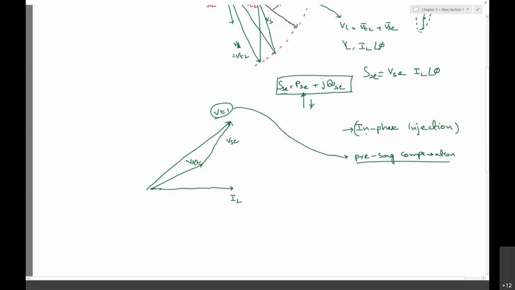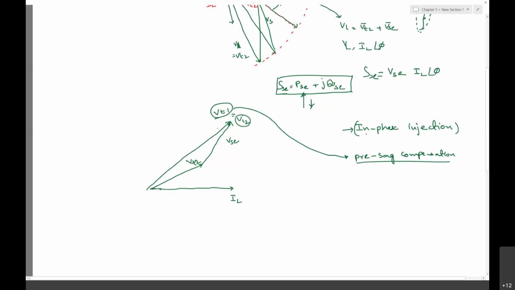The advantage of the presag is that the voltage at the load point, this is the load point, has no phase shift when you inject the voltage in presag condition.